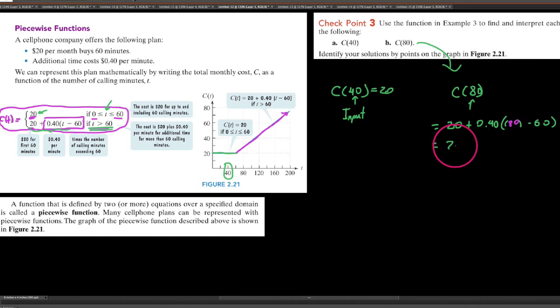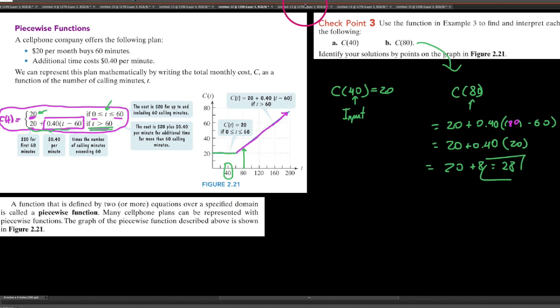So we'll figure this out: 20 plus 4/10 of 80 minus 60, which is 20 here. I'm going to do a little mental math: 4/10 of 20, a tenth of 20 is 2, so 4 of those would be 8. So 20 plus 8, it'd be $28 in that case. And we could actually go look at the graph here, 80 minutes. It looks like it would be in the neighborhood of about $28.